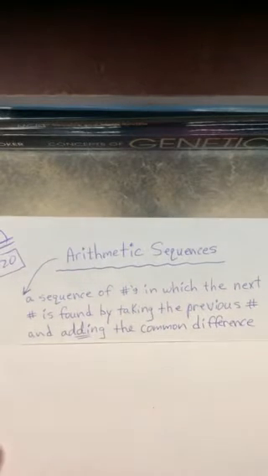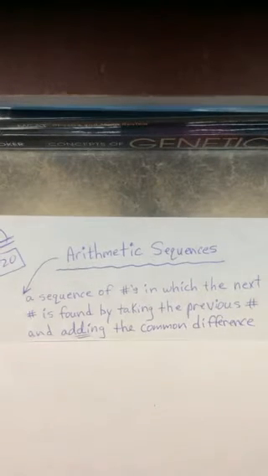So one more time on your paper, write down a sequence of numbers in which the next number is found by taking the previous number and adding the common difference. Okay? Notice I underlined the word adding. You'll see what I mean by that in a second.